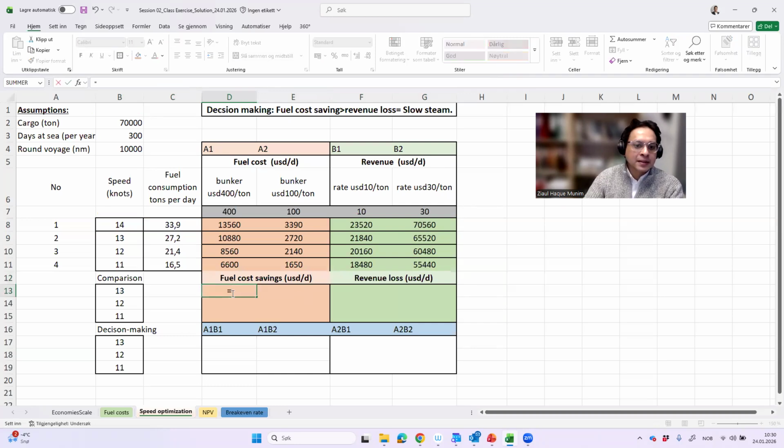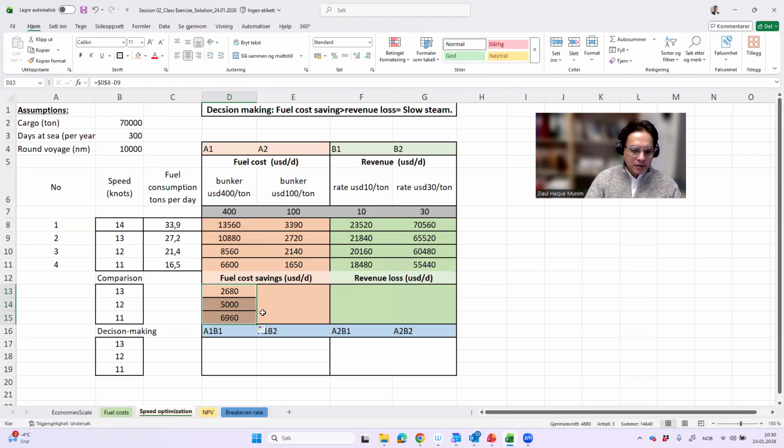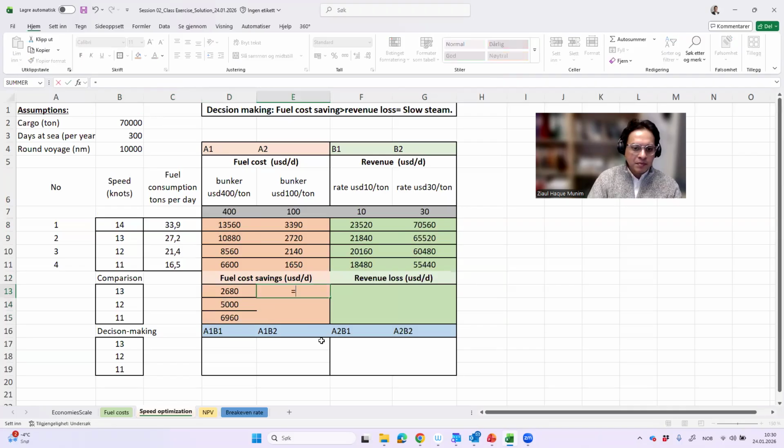To do that, we take the base case fuel cost minus the other one. So here we have to fix the base case, minus this one. Then we drag it down. Okay, it looks like this. Here we do the same. We take the base case, we fix it, minus the next one, and drag it down.